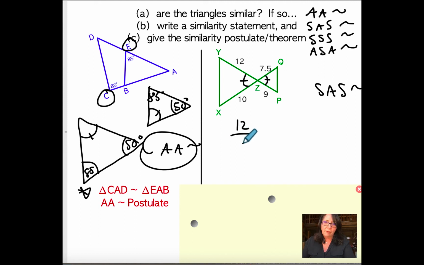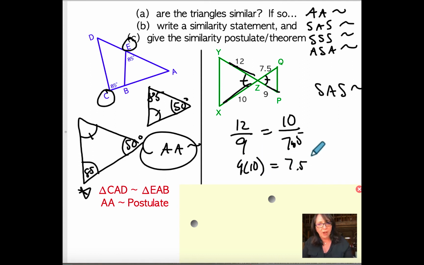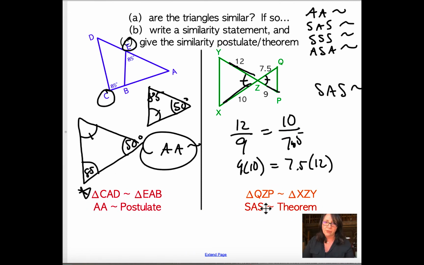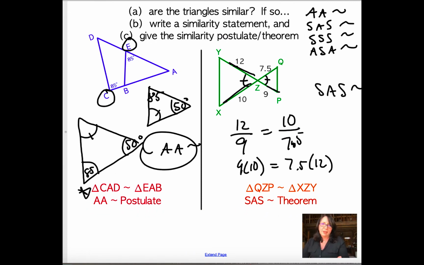So you would go 12 to 9, largest to small, as large 10 is to small 7.5. And if you cross multiply, does 9 times 10 equal 7.5 times 12? And they do. They're both equal to 90. Therefore, my sides are proportional, check. And if my sides are proportional, my triangles are similar.